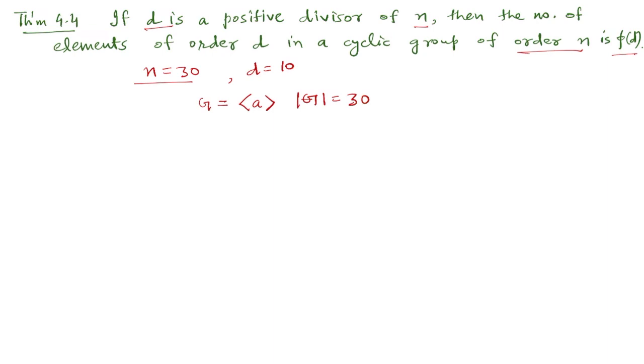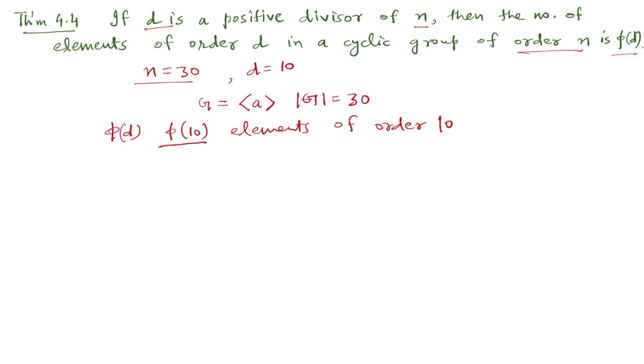So this group G will have phi(10) elements of order 10. Now phi(10) is the number of positive integers which are less than and relatively prime to 10.